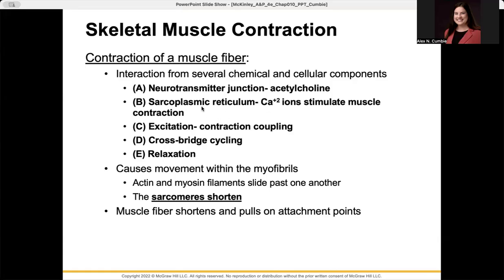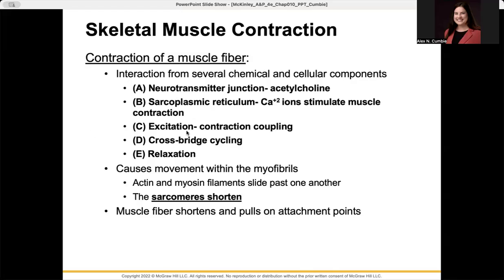We then move to the next step where we activate the sarcoplasmic reticulum. If you remember from a couple slides ago, that is a structure within the muscle fiber that is similar to the smooth endoplasmic reticulum, but instead of storing and processing lipids, it's storing calcium and either releasing it or storing it for later.